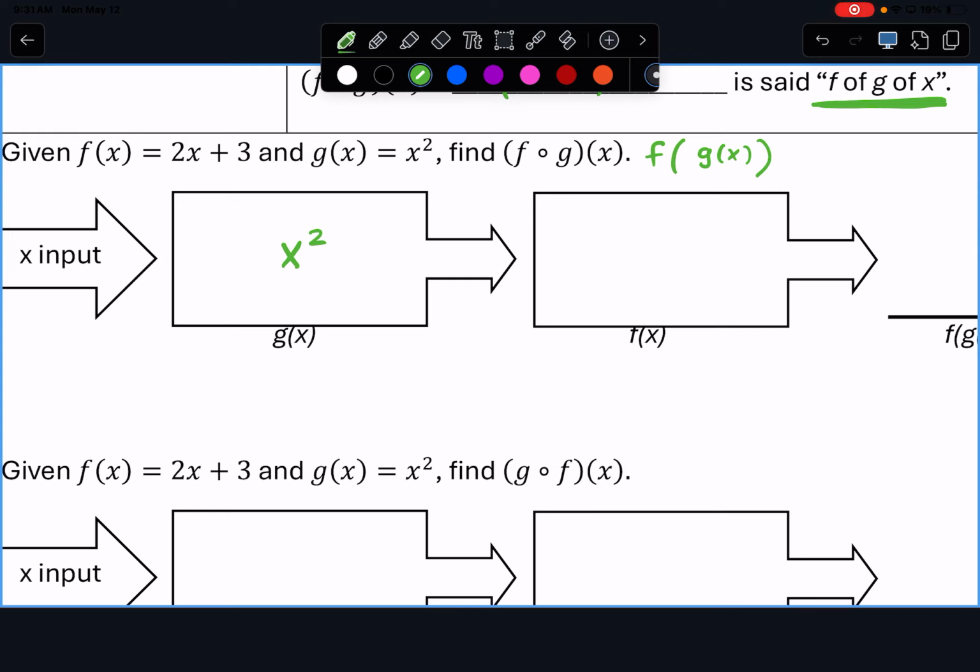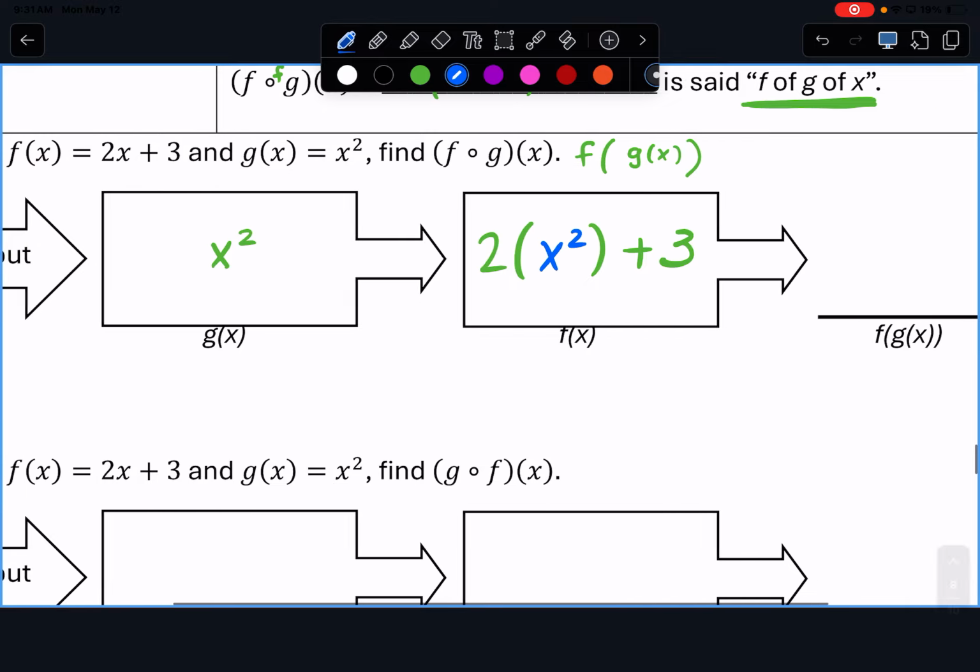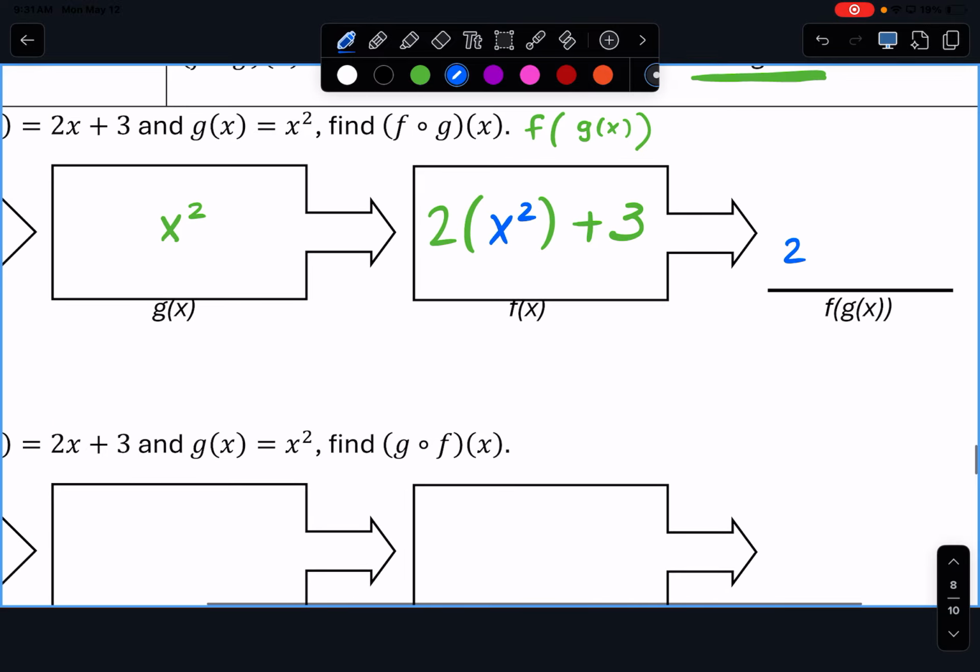What is f? 2x plus 3. So we're going to do 2x plus 3. What am I changing x to? x squared. So we just have 2x squared plus 3. When we work these out on paper, we only have to show this plug-in step.